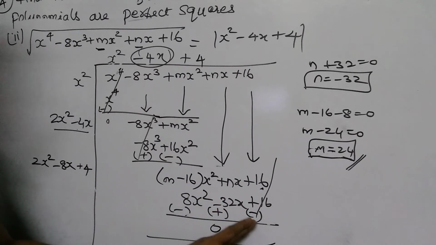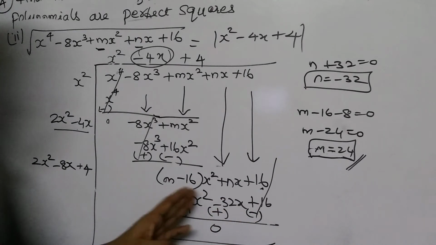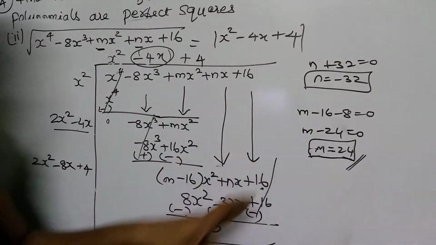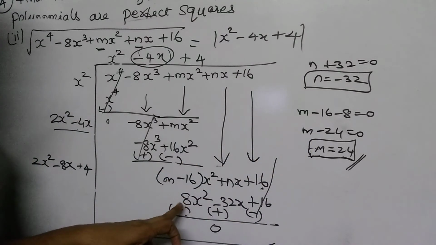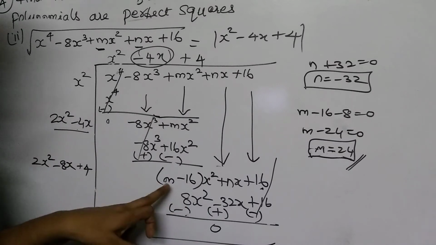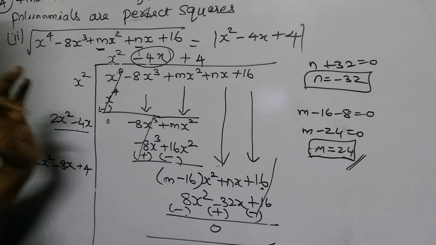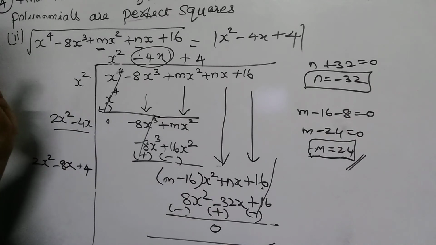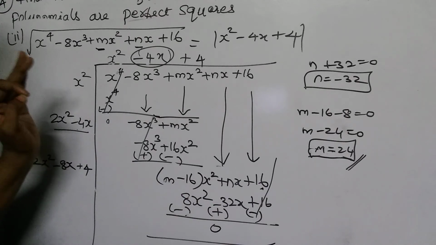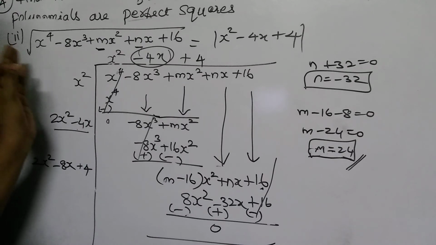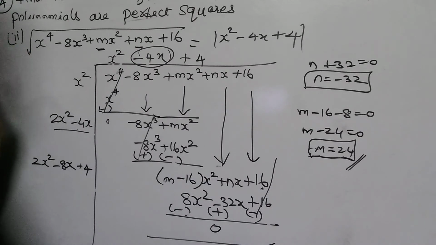Any one of the terms you should make 0. In such a way you can compare the other two terms and find the unknown values, m and n, wherever they lie. So in this way you can find the square root of the given polynomial expression.